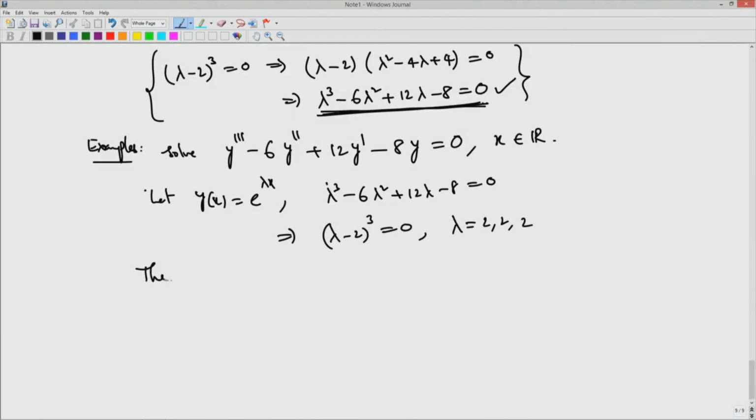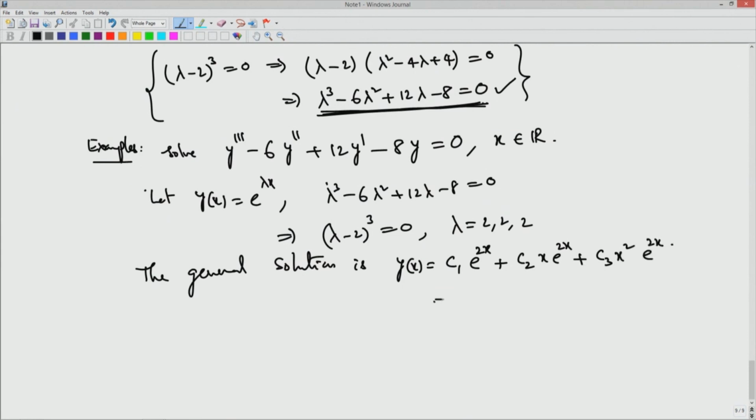So the general solution I am directly writing: C1 e power 2x plus C2 x into e power 2x plus C3 x square e power 2x, which is (C1 plus C2 x plus C3 x square) into e power 2x. This is your general solution.